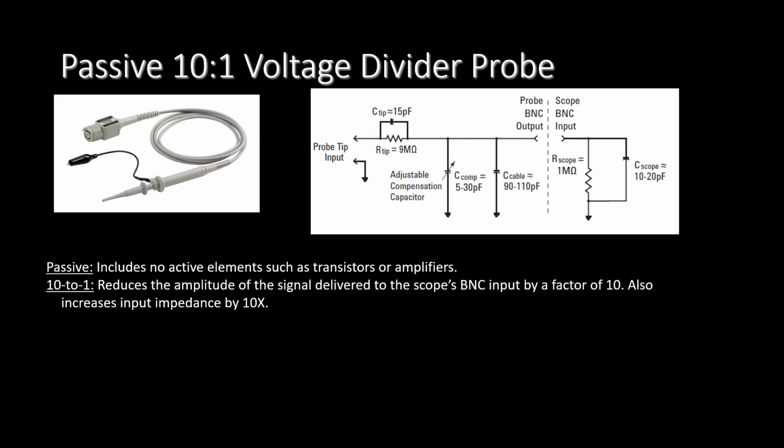In other words, the probe consists entirely of passive elements including resistance, capacitance, and inductance. 10 to 1 means that the probe reduces the amplitude of the input signal by a factor of 10 by means of a resistive voltage divider network. The oscilloscope measurement system's input impedance is also typically increased by a factor of 10.